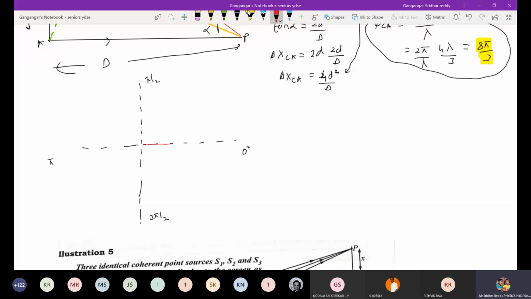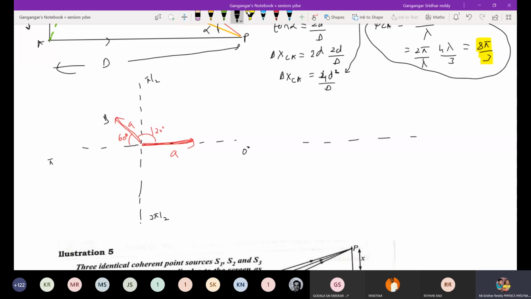A will have 0 phase. So what is the amplitude of that? Let it be small a. What about B? B is ahead of A by how much? 2 pi by 3. 2 pi by 3 means 120 degrees. Similarly, you compare.